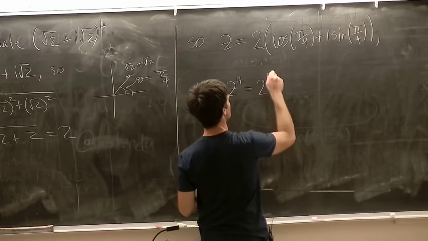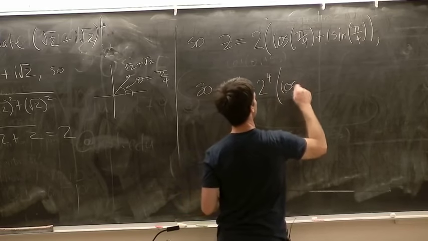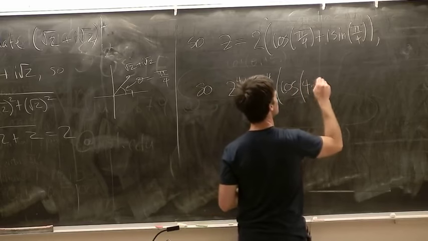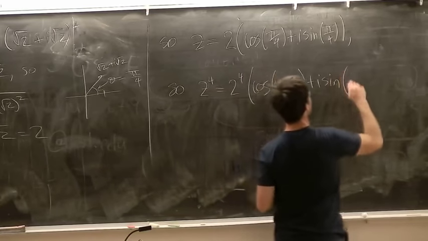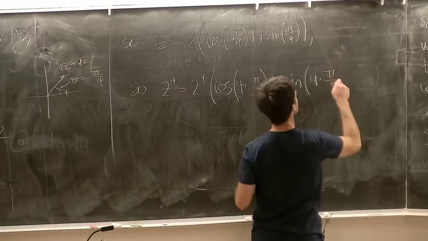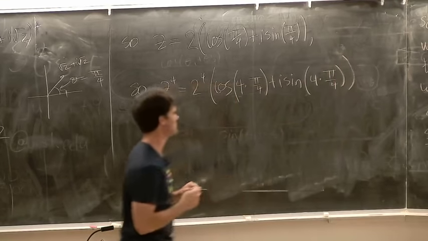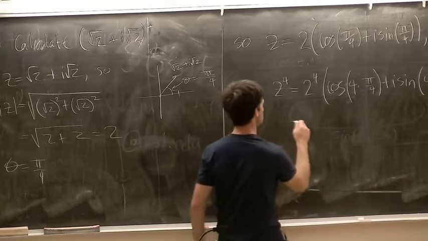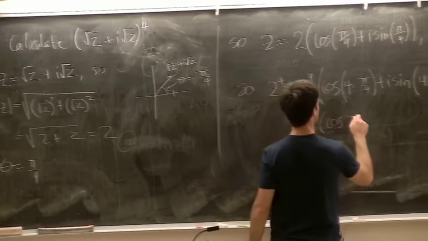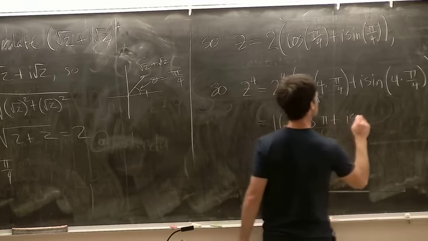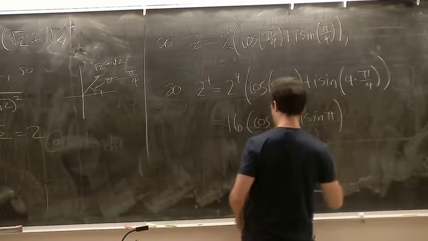So that'll be 2 to the 4th, and cosine of 4 times pi over 4 plus i times sine of 4 times pi over 4. So that's 16 times cosine pi plus i sine pi.